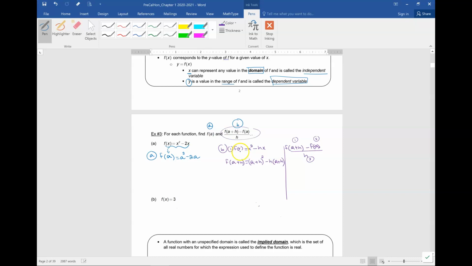So I'm substituting for x a plus h. So if I multiply that in, a squared plus 2ah plus h squared minus ha minus h squared.